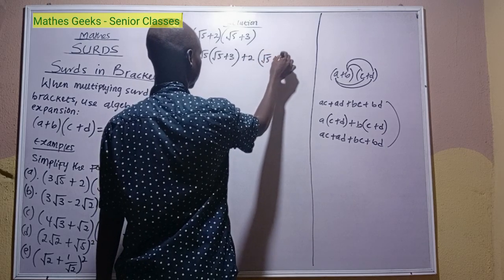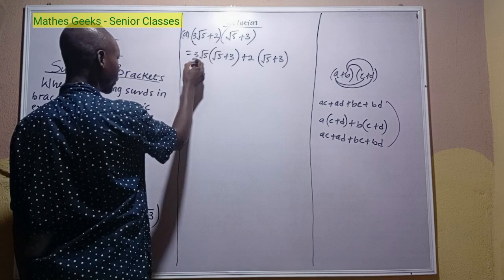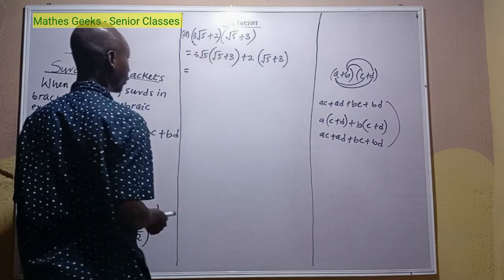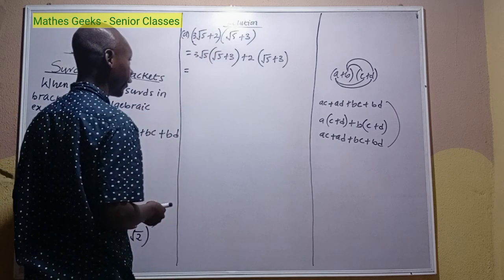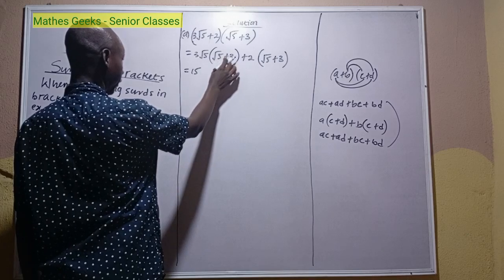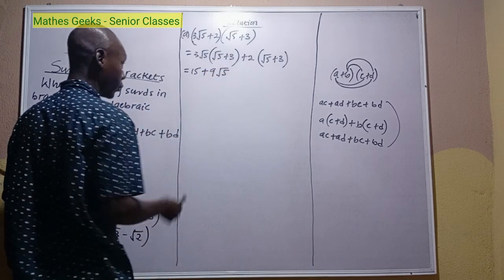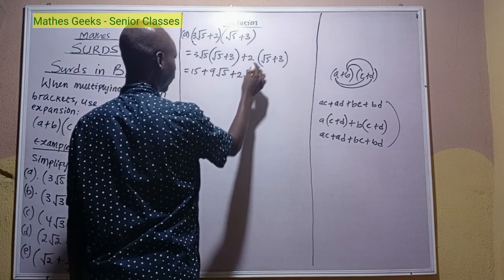So 3 root 5 times root 5. Remember the rule: whole number multiplies whole number, surd multiplies surd. So 3 times 1 is 3. Root 5 times root 5 is 5. 5 times 3 is 15. And then 3 root 5 times plus 3 will give us plus 9 root 5. Plus 2 times root 5 gives plus 2 root 5.